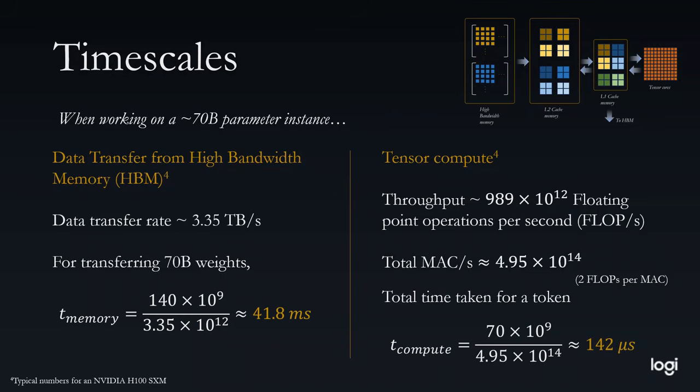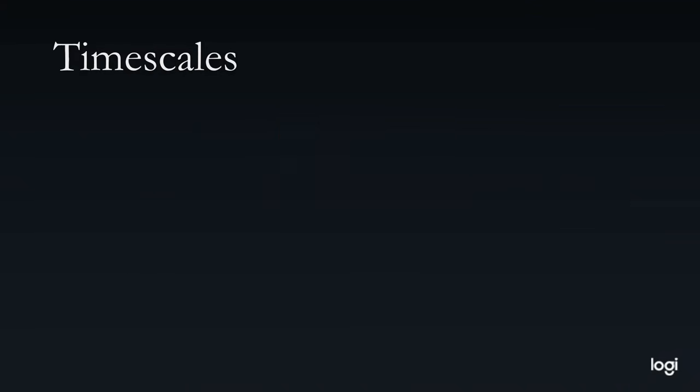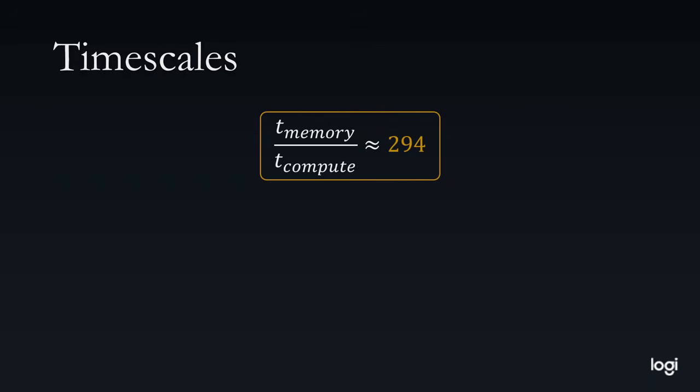For the total time taken for a token to be processed, we know that we have 70 billion parameters, so we divide that by the MAC operations and we get about 142 microseconds. So you can already see there is an orders of magnitude difference between the time taken to transfer data into memory and the time taken to compute. And this is roughly of the order of 300.